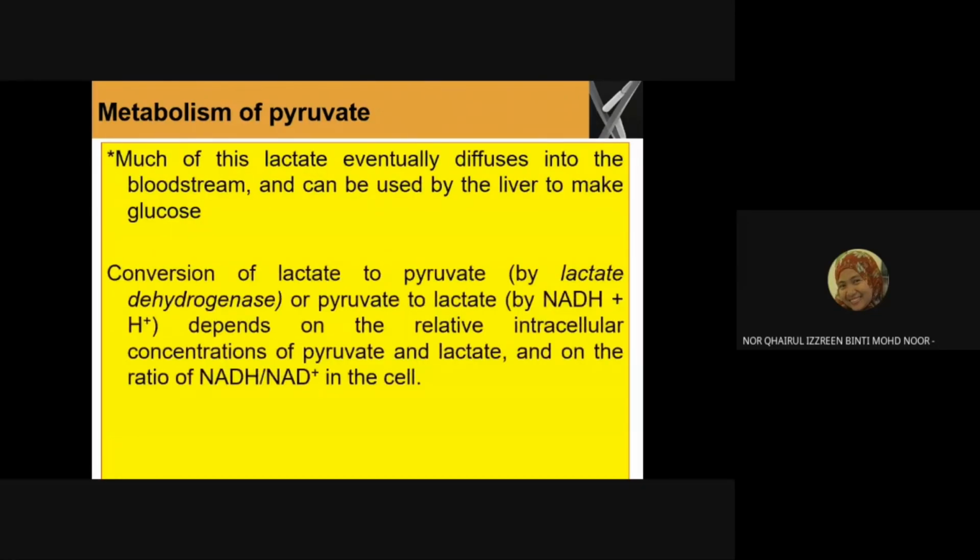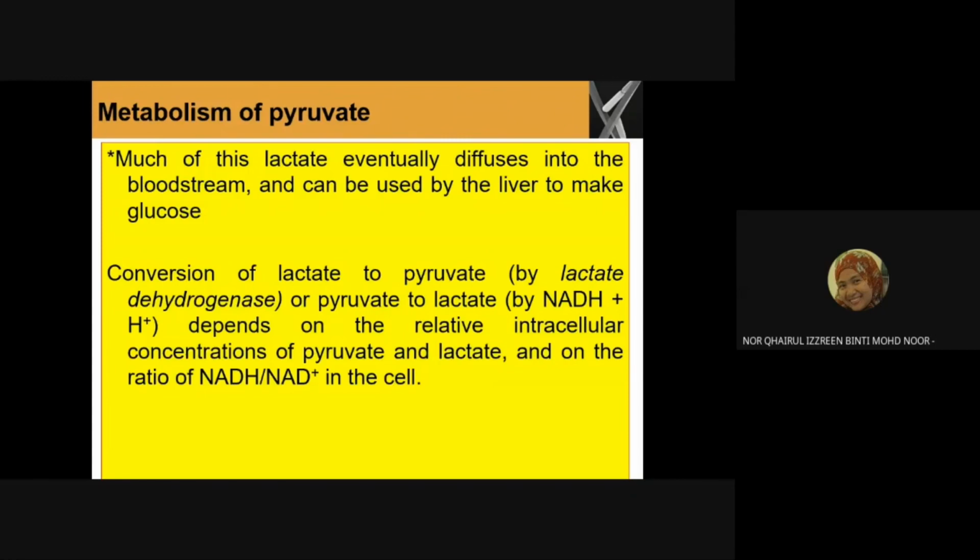This lactate in the muscle can eventually diffuse into the bloodstream and be taken up by the liver to produce glucose. The conversion of lactate to pyruvate by lactate dehydrogenase, or pyruvate to lactate by NADH plus H plus, depends on the intracellular concentration of pyruvate and lactate and the ratio of NADH over NAD plus in the cell.